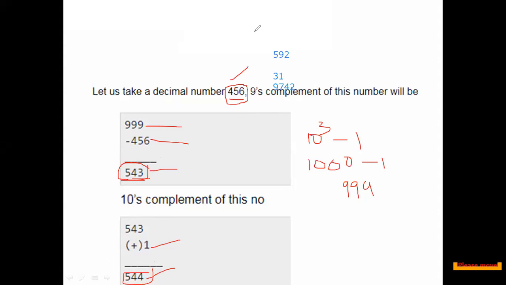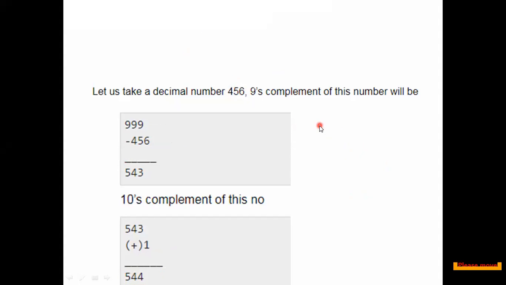Next, for octal numbers, we have 8's complement and 7's complement. How to calculate the 8's complement and 7's complement?